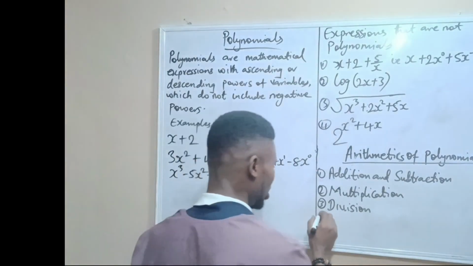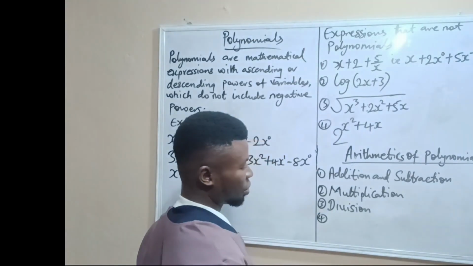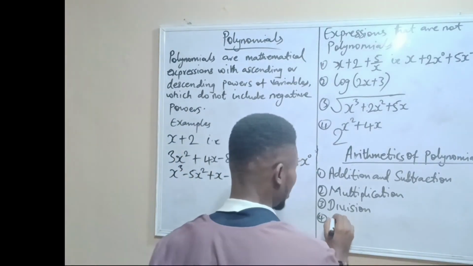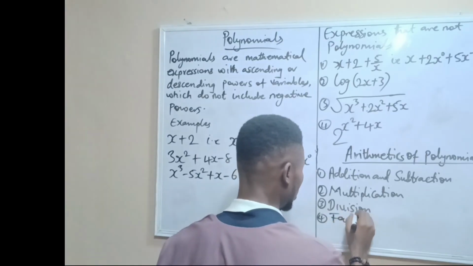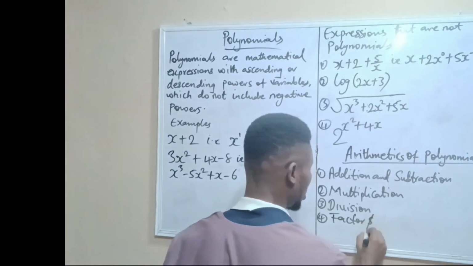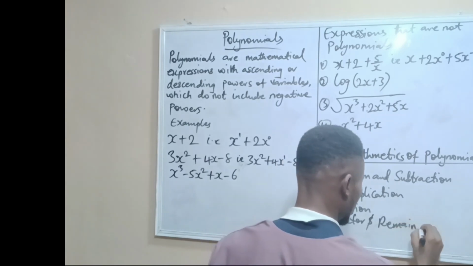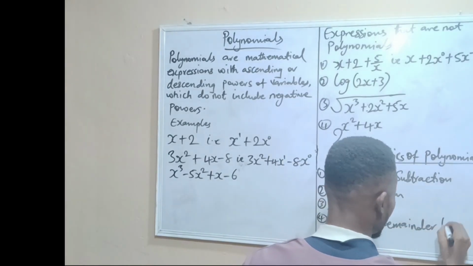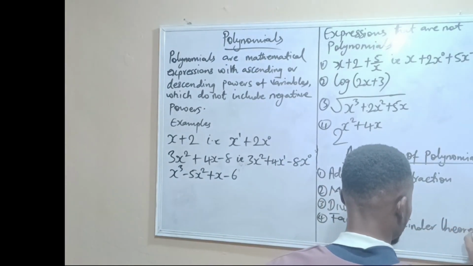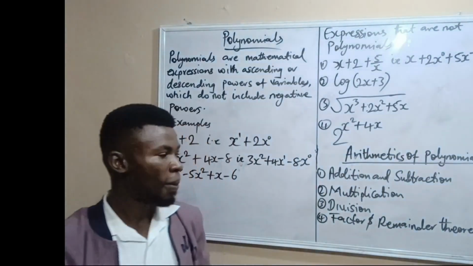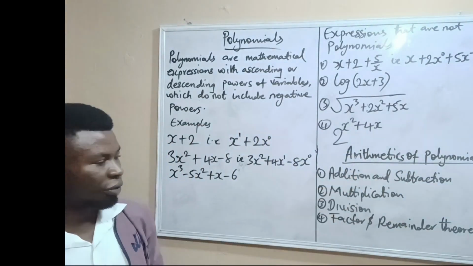Then we have the fourth one, which is factor and remainder theory. This is another arithmetic of polynomial.